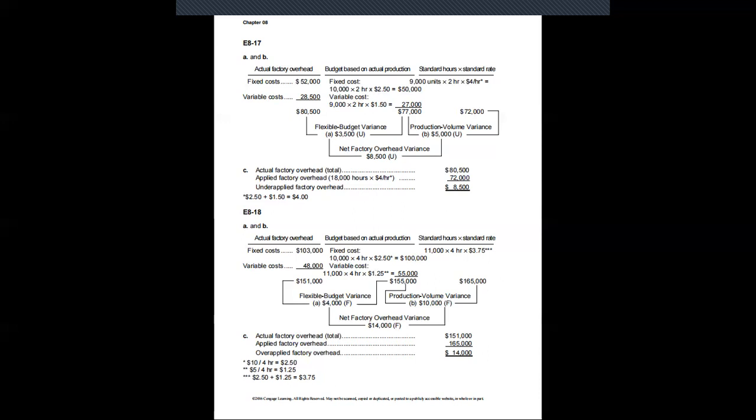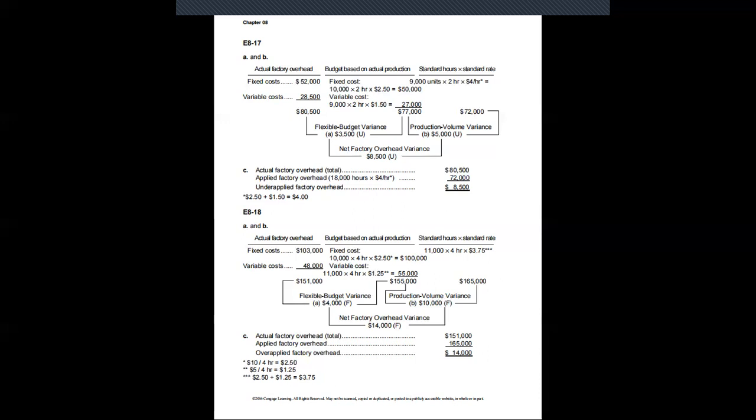So we have letters A and B. Then letter C was total factory overhead over or under applied and by what amount. So to determine the under applied or the over applied factory overhead, we compare the actual factory overhead, which is 80,500, with the applied factory overhead equal to the standard hours times the standard rate.